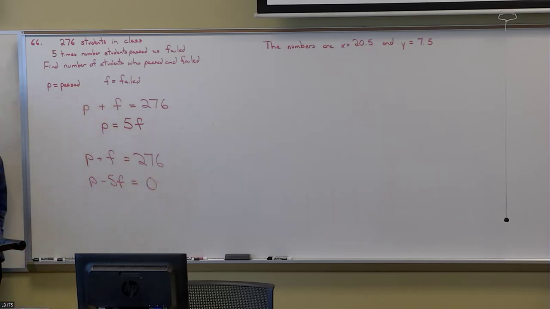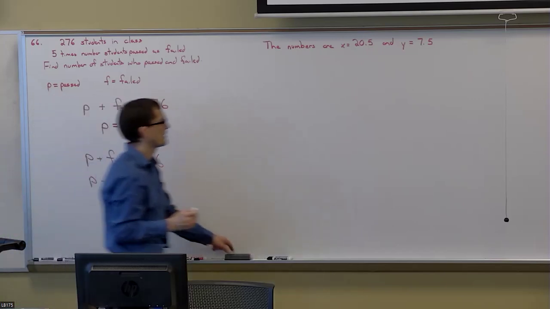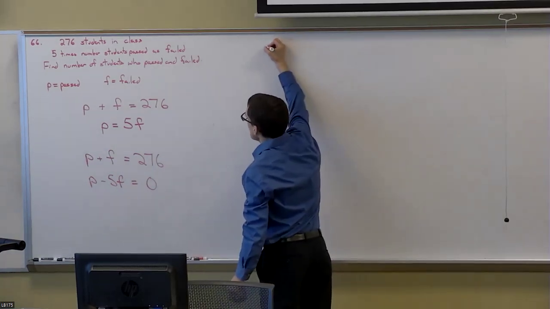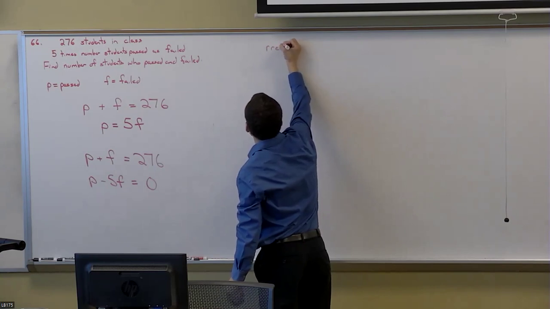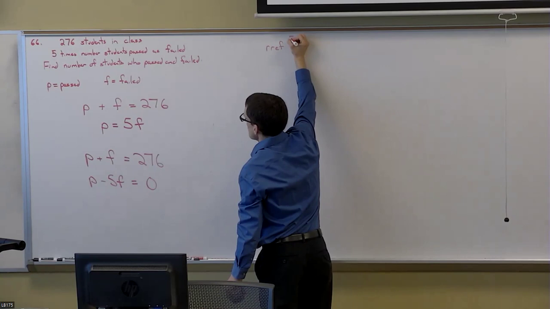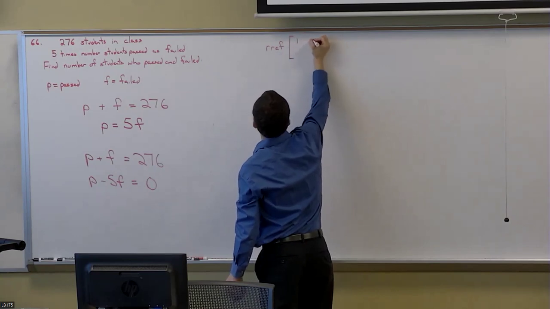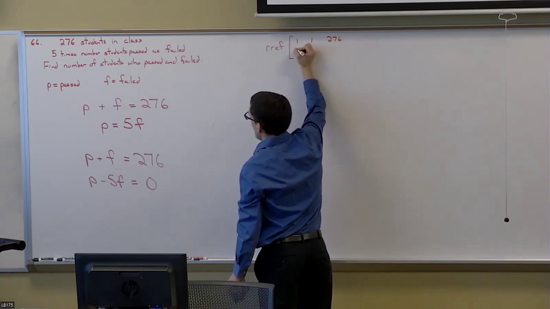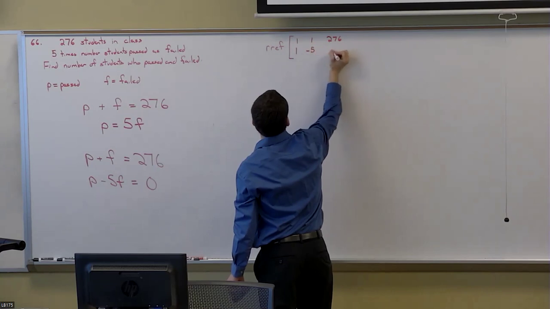Does that make sense? And once I have that, then I'll once again use the row reduced echelon form version. I can do row reduced echelon form 1, 1, 276, 1, -5, 0.